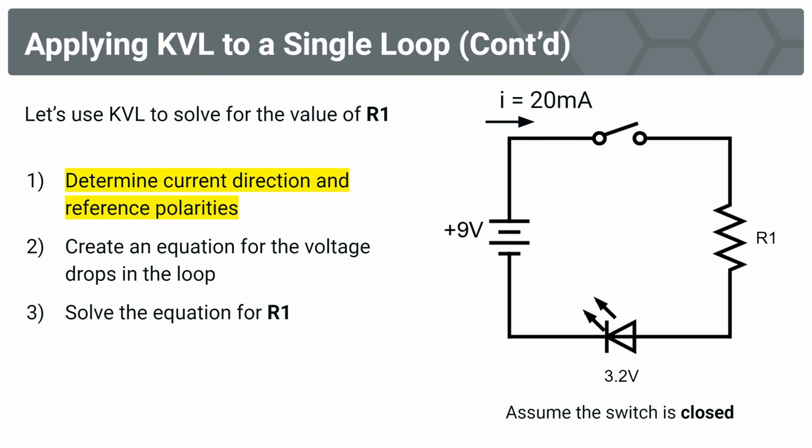So the first step is to determine the current direction and the reference polarity of each component's voltage drop. We'll define the current to flow in a clockwise fashion around the loop, and we'll define our reference polarities to be consistent with the true polarity of each component, meaning that this battery already is polarized. Its positive terminal is here, its negative terminal is here.